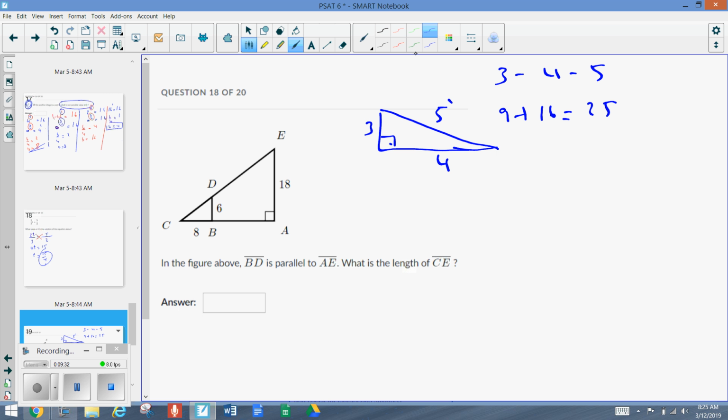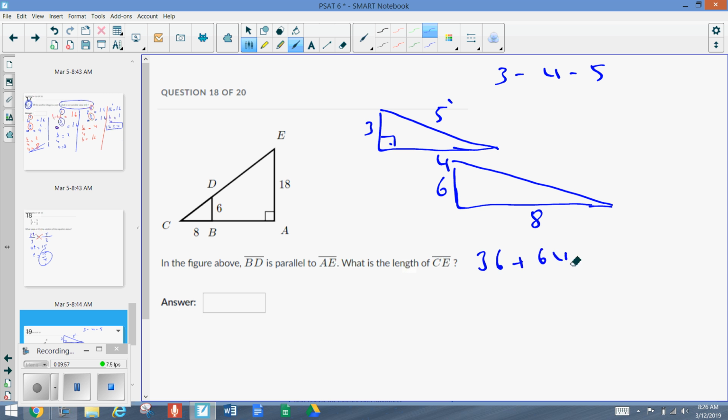Also, I'm not going to apply this Pythagorean a squared plus b squared equals c squared every time, because that's long. If I'm given a right triangle like this, and I know that this is, let's say, 6, and this is 8, I'm not going to do a squared plus b squared equals c squared, because this is long.